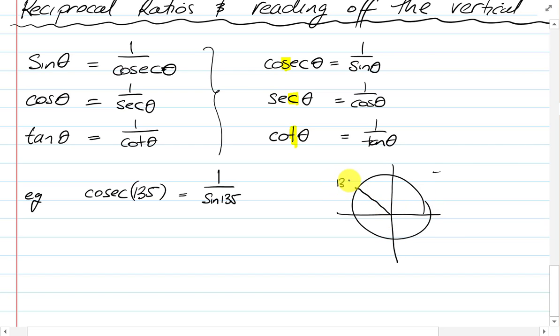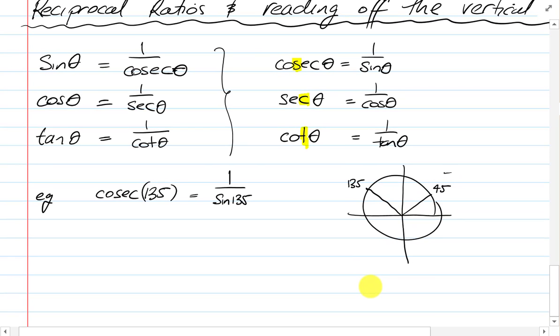Do your 135 degrees and your 45 degrees there, and recognize that sine is positive in the second quadrant. I got that 45 from the 45 here, by the way. And so therefore it's also positive in the first quadrant, so they're equivalent. So this is equal to 1 over sine 45, and that's equal to 1 over root 2, which is equal to root 2.